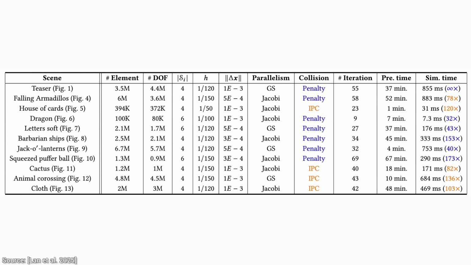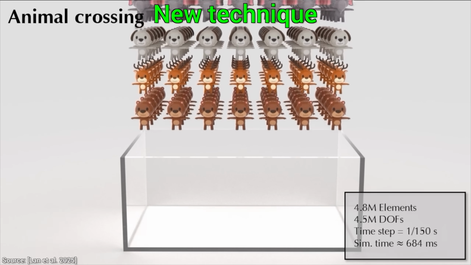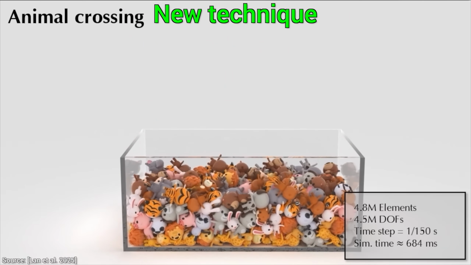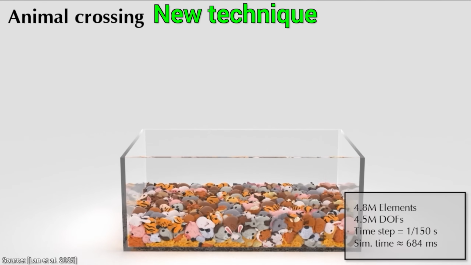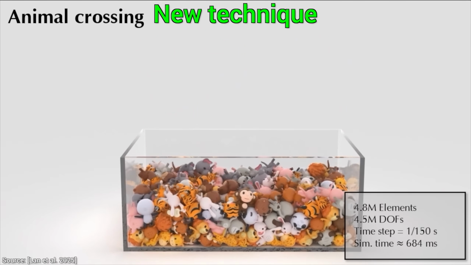The paper says, wait, what? Infinite times faster? Did they just invent a time machine? No, not quite. You see, there are cases where the previous VBD fails to converge at all. It never finishes the simulation. Okay, so how about this new technique? Oh, look at that. What a beauty.